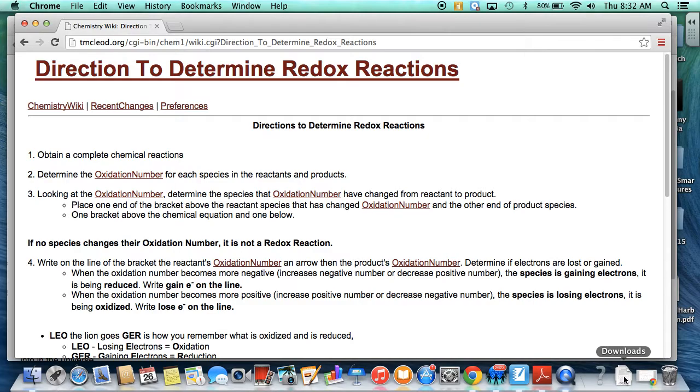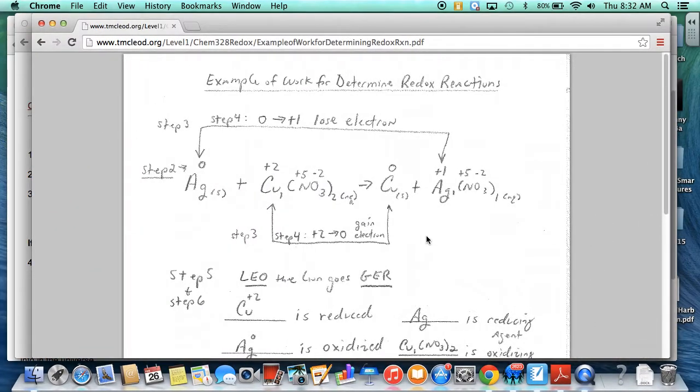There is another way of doing it called half cell reaction. We are not going to do a half cell reaction analysis. If you take AP chemistry, we usually do it then. So this is designed just from oxidation numbers. The first thing you need is a complete chemical reaction. In the example, I give you one. That's what this is right here.